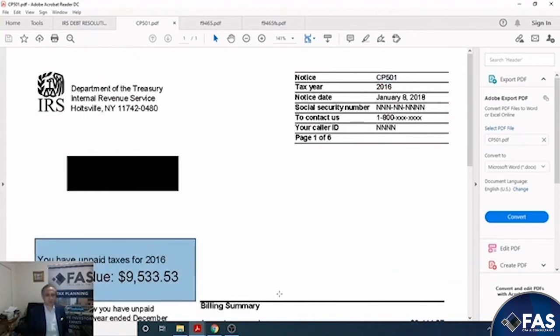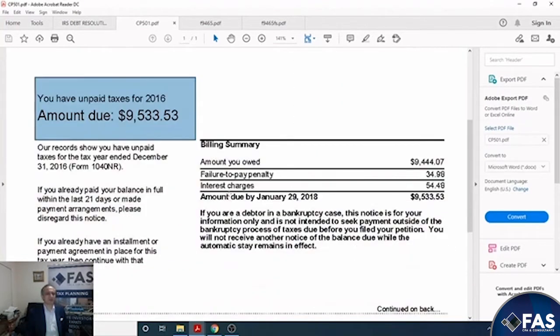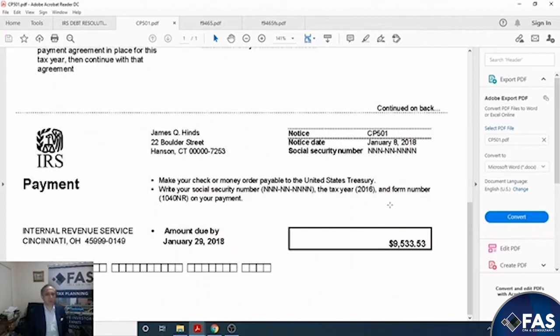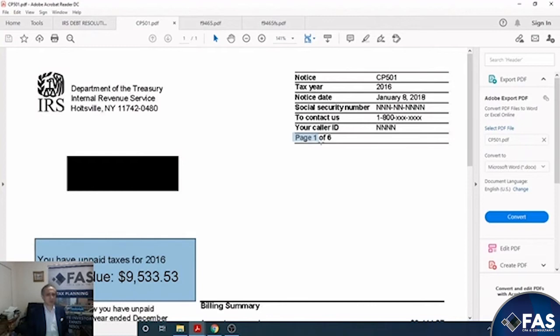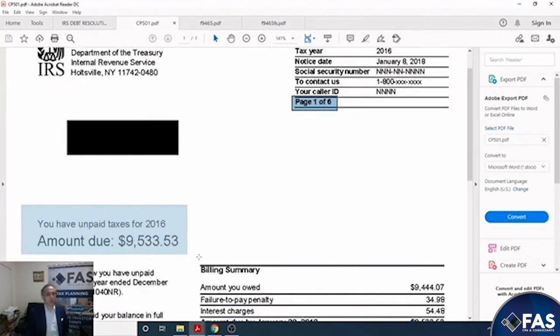This is the typical case where there is a discrepancy between the IRS records and the records reported by the taxpayer. But notice that in this letter there is no information. There are pages from 1 to 6, but this letter will not bring the details of what you owe and why the IRS is changing your tax liability, why they are saying you owe more money.